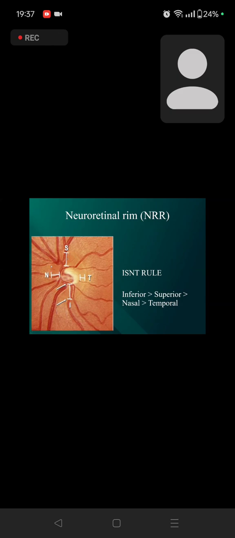Since in the superior and inferior quadrants of the lamina cribrosa the pores are increased in size, you will have superior and inferior NRR thickness more than the nasal and temporal quadrants. First, inferior will be the thickest, followed by superior, followed by nasal, followed by temporal. This is called the ISNT rule, and the ISNT rule will be violated in cases of glaucoma.